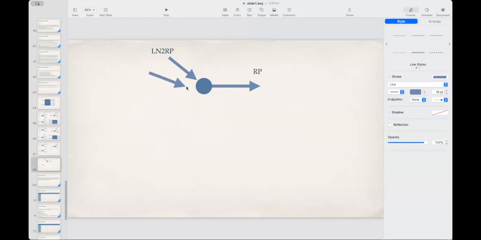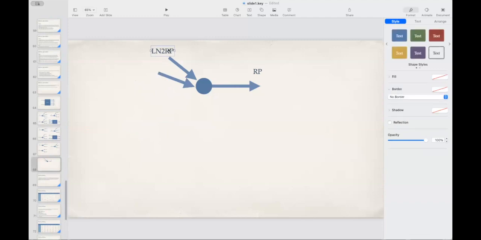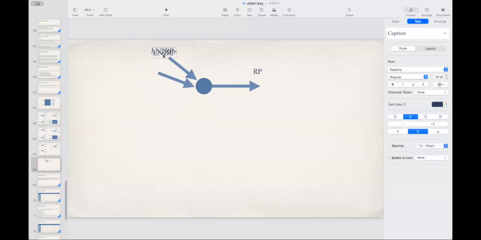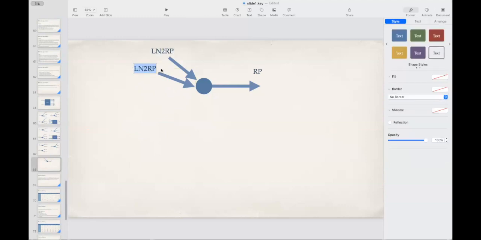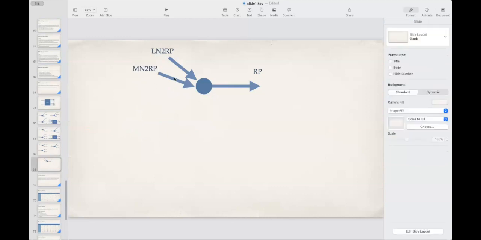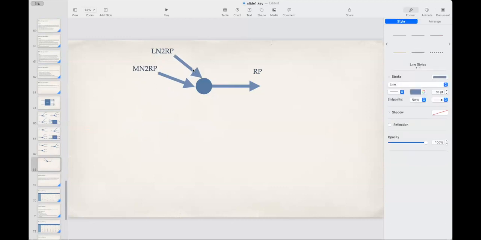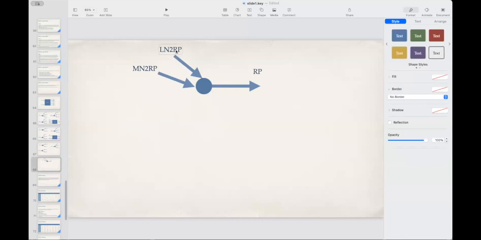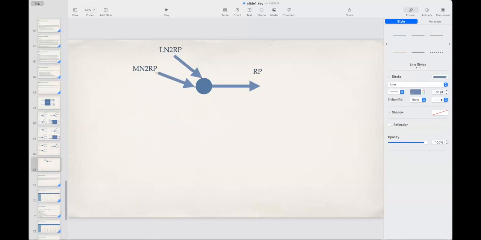MN to RP, and we don't have enough space.